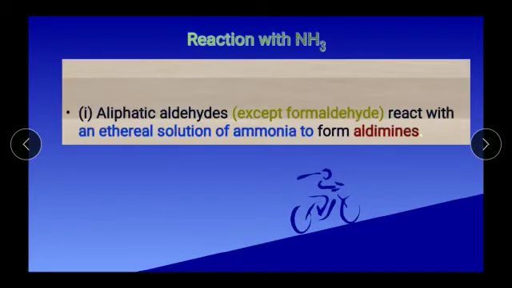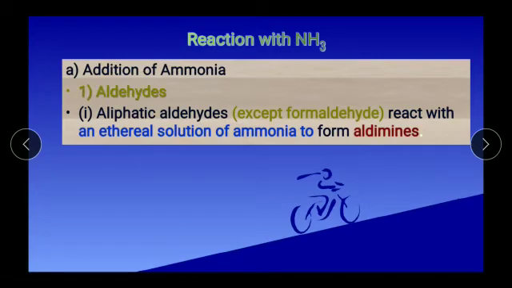Today we are going to see the physical and chemical properties of aldehydes and ketones. First, we move to the reaction of ammonia with aldehydes and ketones. All the aliphatic aldehydes except formaldehyde react with ethereal solution of ammonia to form aldimines.